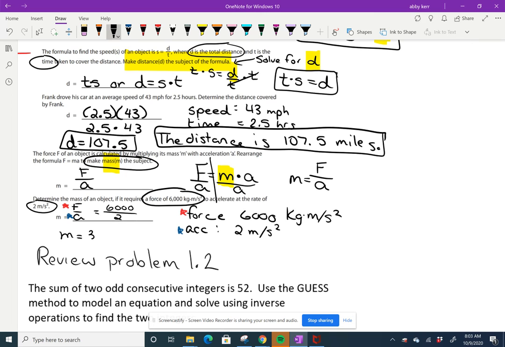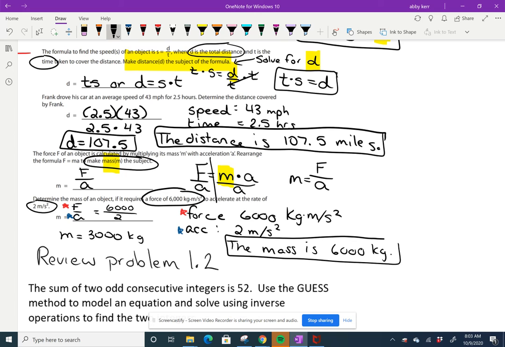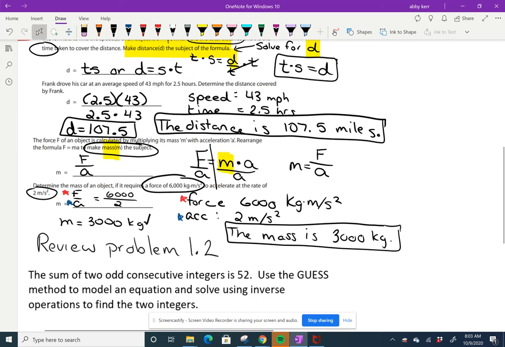So then our mass is 3,000 kilograms. It's not 6,000, sorry guys. 6,000 divided by 2 is 3,000. That was my bad. I wrote it right here, and then I miswrote it.